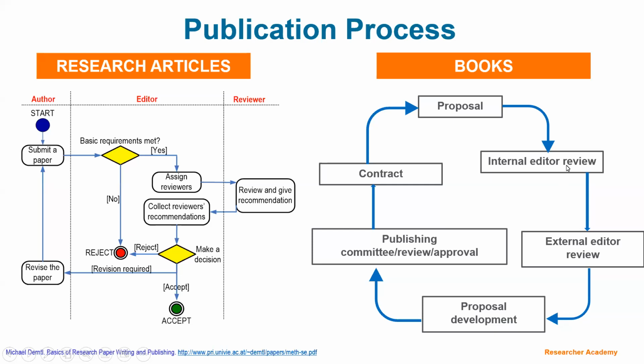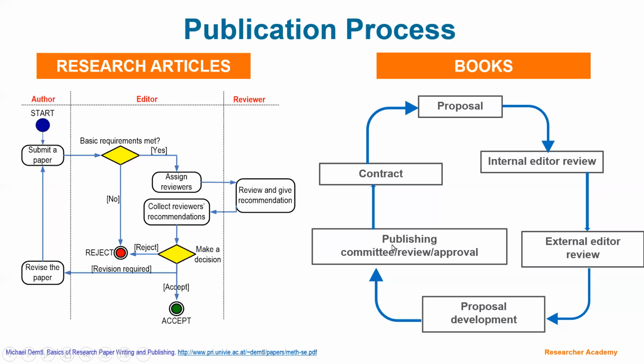If your proposal passes these two levels of review, you need to develop it to be ready to publish. So you need to identify the recommendations from the reviewer, address all the comments, and get the approval from the publishing team or the publishing committee. After you get the approval, you are ready to sign the contract between you as an author and the publisher, and then your book will be published.